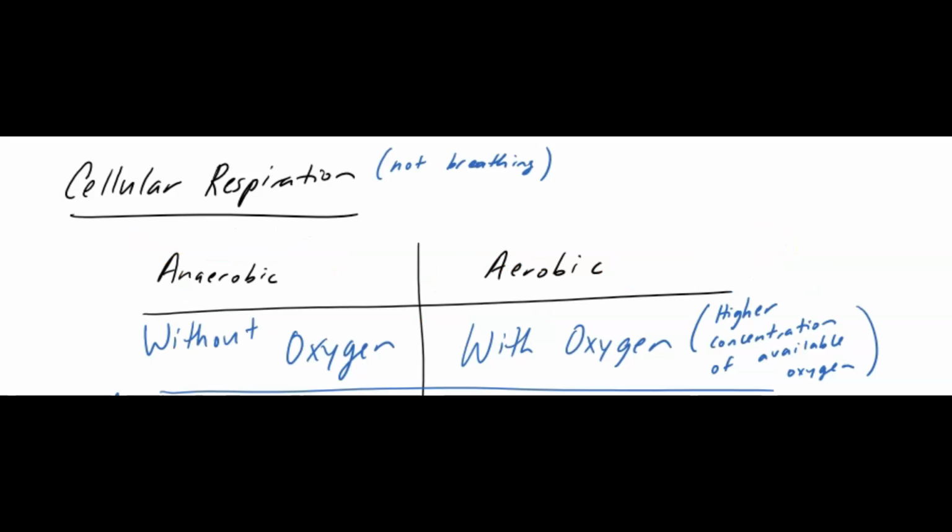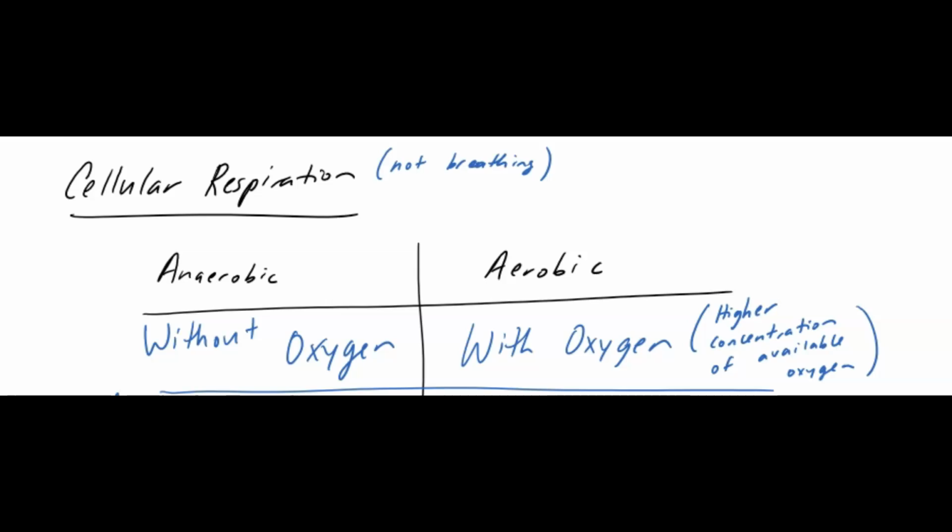There are going to be three different examples that we're going to look at here, but specifically we're going to talk about anaerobic cell respiration, aerobic cell respiration, and the process of glycolysis being the third part of cell respiration we're going to dive into. Let's do a little T-chart here to compare anaerobic to aerobic cell respiration.